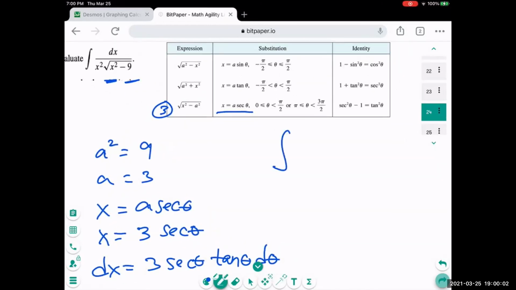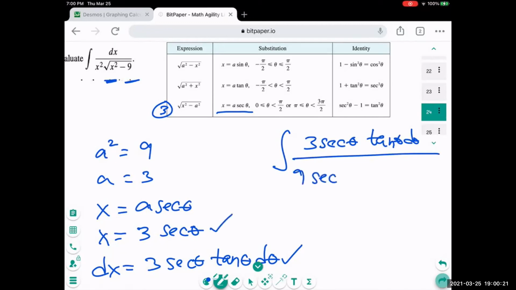Our dx is this one: 3 secant of theta tangent of theta d theta. Then x squared would be the square of this, which is 9 secant squared of theta. And then inside the radical sign, we repeat 9 secant squared of theta minus 9, right?